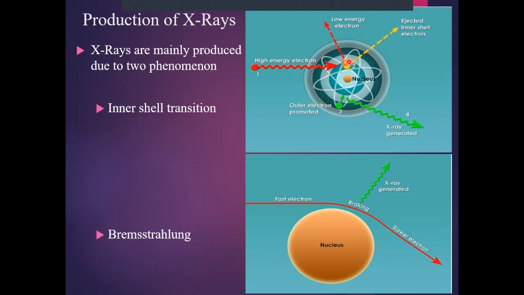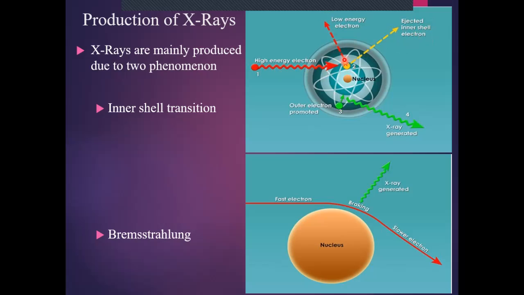Then this inner shell electron vacancy can be filled by any of the higher electrons. For example, if this incident electron, which is coming from outside of the atom, strikes the K shell electron and knocks it out, and it also escapes, then a vacancy is produced in the K shell.